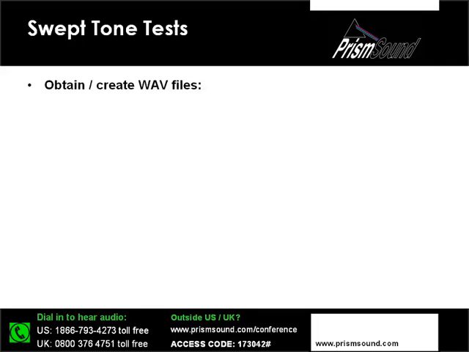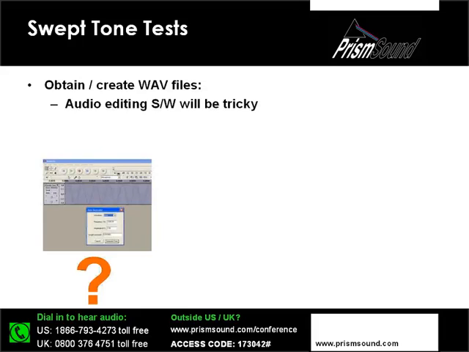So let's go back then and consider the question once again of how we create a suitable file for performing a swept measurement of our playback device. Well, you could try and tackle this using your audio editing software. It would be possible to generate a series of discrete sinusoidal waveforms, join them all up together, export that as a single wave file and load that onto your device that you're testing.